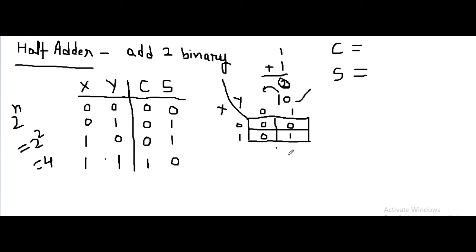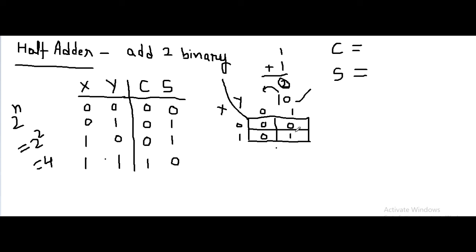Now the next step when we simplify this K map is to look for the ones in this K map. We have a one in only one cell, so here we cannot group, because this is the only cell that has a one.